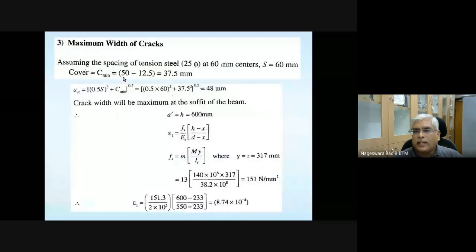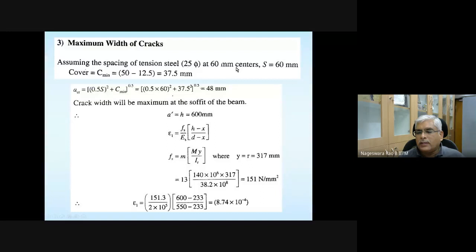You can try the other way also, assuming the spacing of the tension steel at 60 mm center to center. If you have 60 mm center to center, what is the width over which rebars are going to occupy? 3 times 60, 180. 180 is going to be the distance between the center of the extreme 2 bars, and remaining is going to be your, the diameter of the bar is 25 mm.